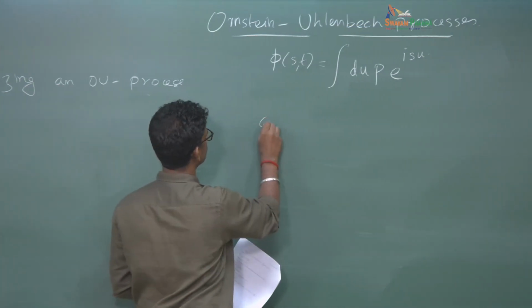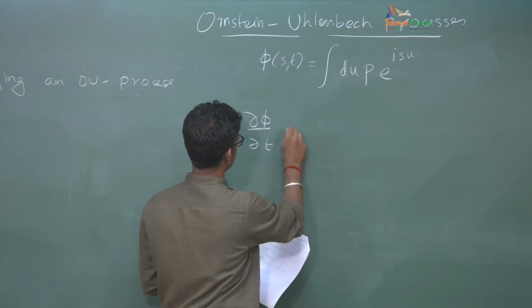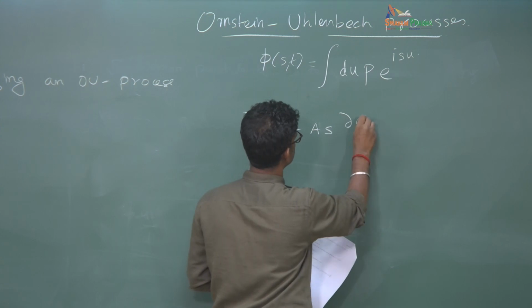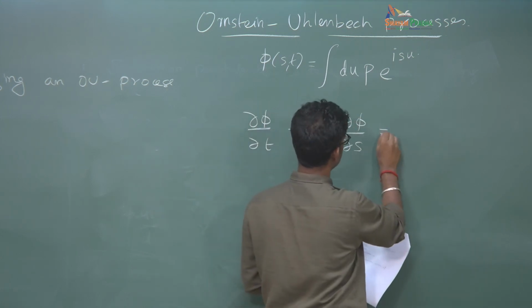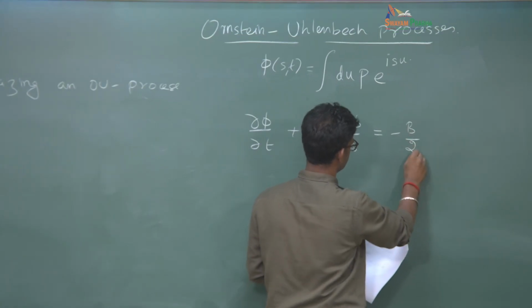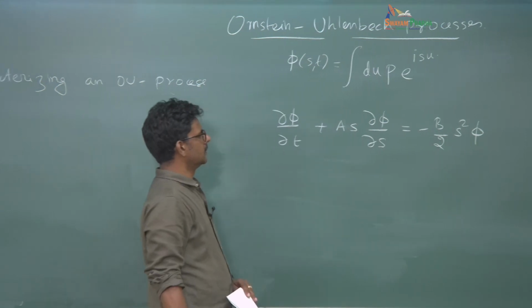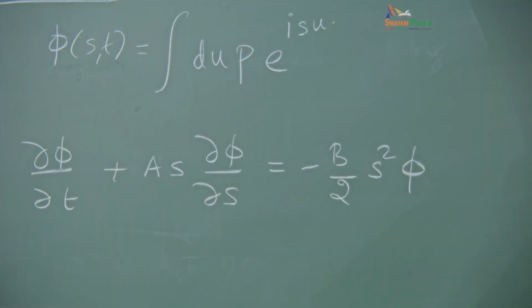this becomes dou phi by dou t plus a s dou phi by dou s is equal to minus b by 2 s square phi. So using that transformation, when you apply it to this Fokker-Planck equation, you get this equation, and this can be solved.